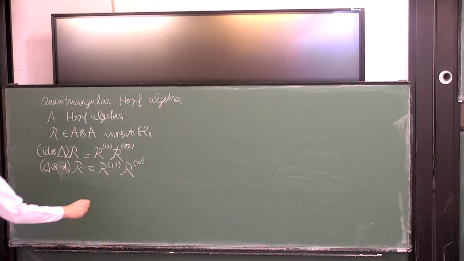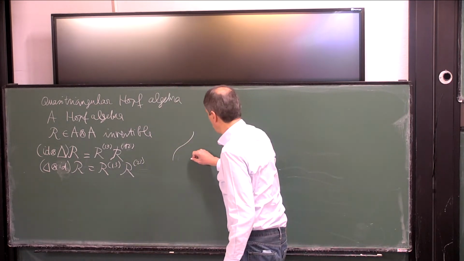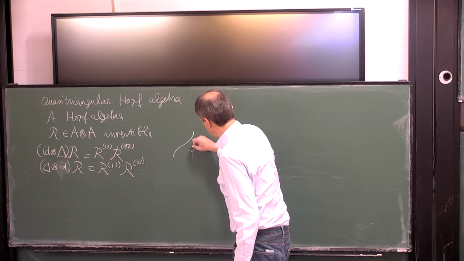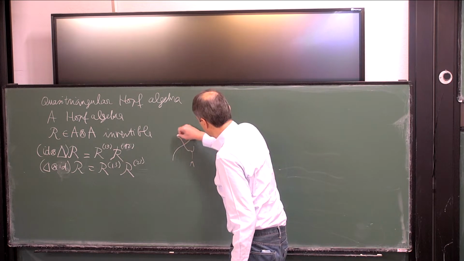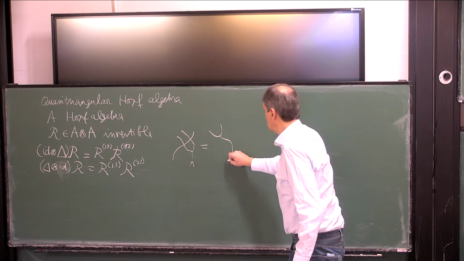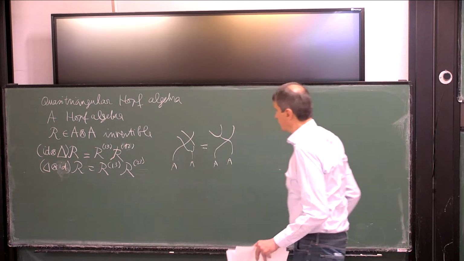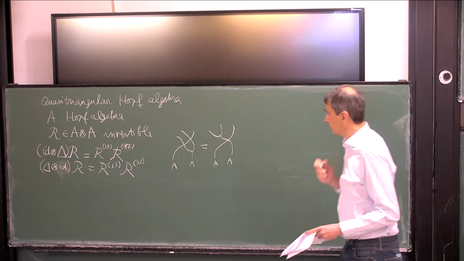So, and again, there is a picture that somehow you should think of the coproduct as something like this. You start from A, you will do it as A, and it is equal to probably the second one.